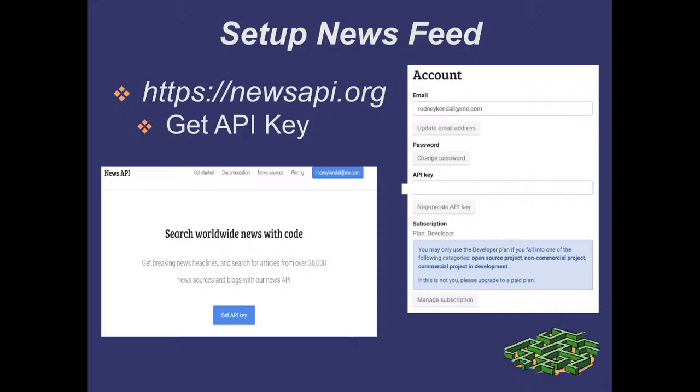You click on it, enter in some information, and it generates an API key for you. Now, you'll see that it's whited out here. The reason for that is the API key is something you don't want to give out, because you can only use it a certain number of times each day for free. Otherwise, they start charging you. So you have to get your own in order to set up your own.